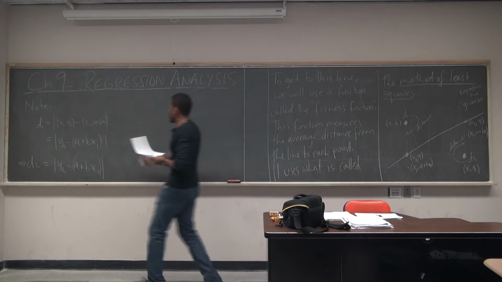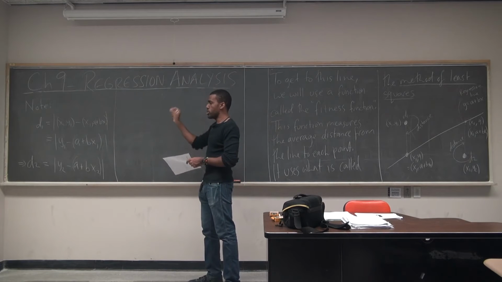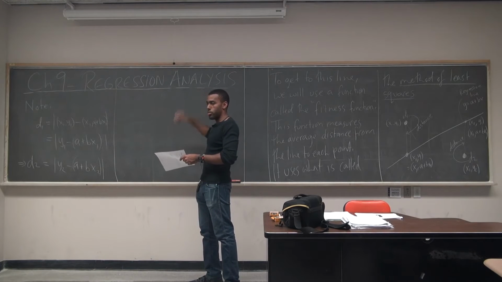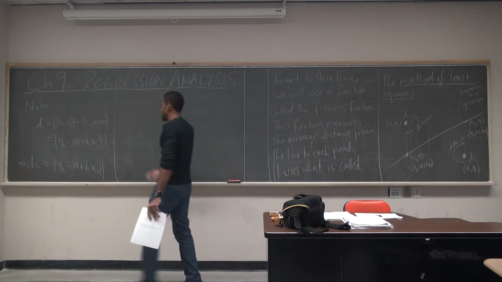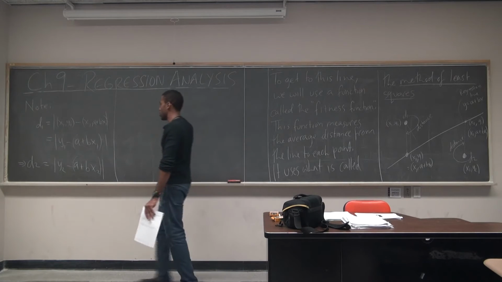Okay, so now remember when you have the distance formula, it's the difference between the points, you square it, you add them all together, and then you take the square root. Here, I don't want the square root or any of that, so I'm just going to measure it without the square roots.